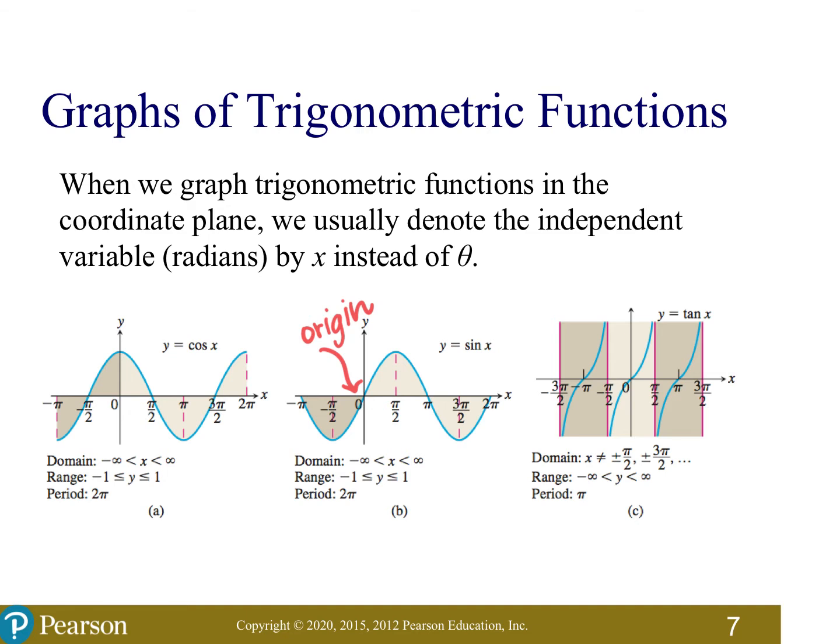Tangent is also an odd function, so tangent also has to go through the origin. So sine and tangent are both odd functions, and they both go through the origin. All right, then you've got cotangent, which looks a lot like tangent, but does not go through the origin, and it's a decreasing instead of increasing function.